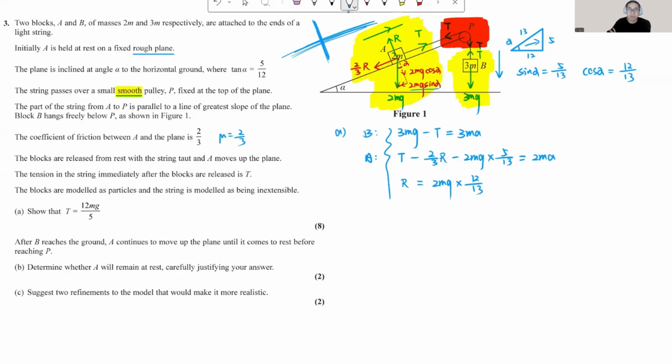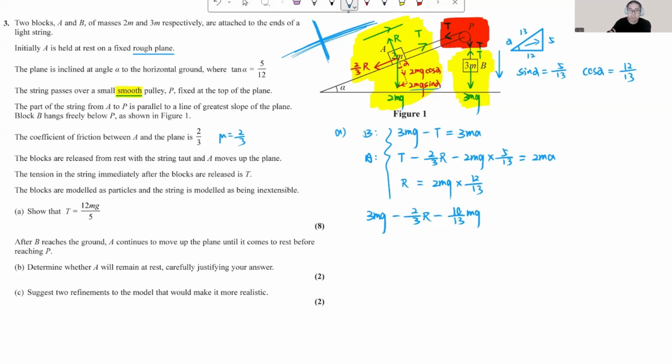To simplify, we can just add the first equation and second equation to cancel out T, like what we normally do. Adding those two equations, 3mg minus T plus T will cancel out, and then minus 2/3 R, and then minus 2mg times 5/13. That would be 10/13 mg, because 2 times 5 is 10.